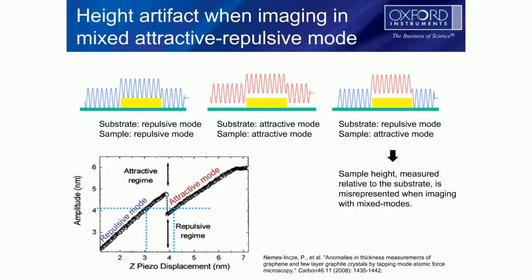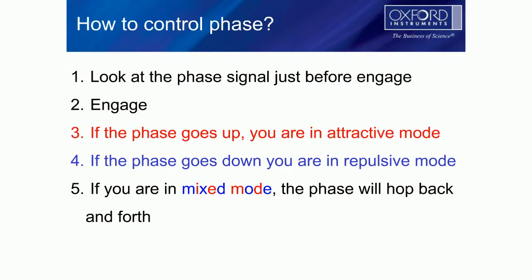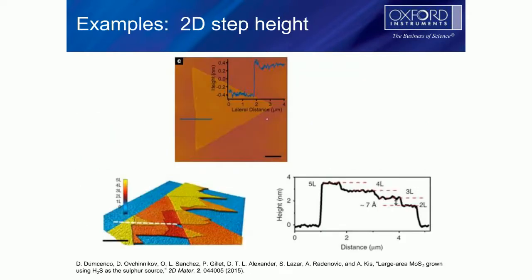Okay, so moving on, we can also look at how to control the phase. I always get ahead of myself on this one. How do we control this? Well, it's simple. You look at the phase just before you engage on the surface. You engage on the surface, phase goes up, you're in attractive. The phase goes down, you're in repulsive. If it's hopping back and forth, you're in mixed mode. Very simple, right? And how do you adjust it?